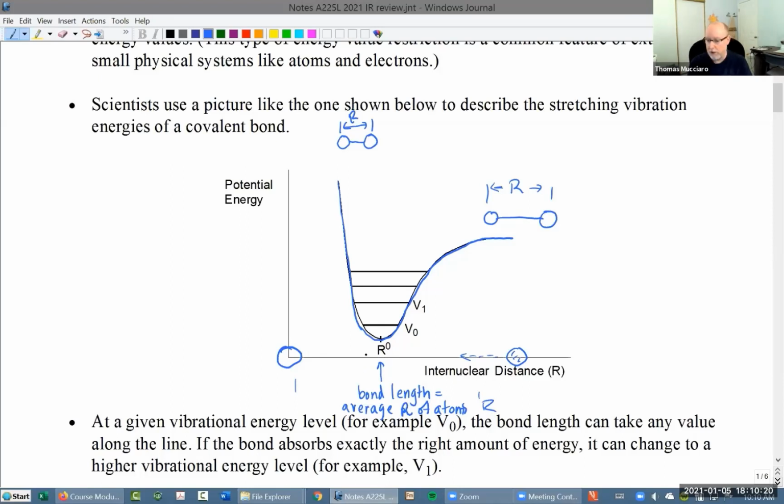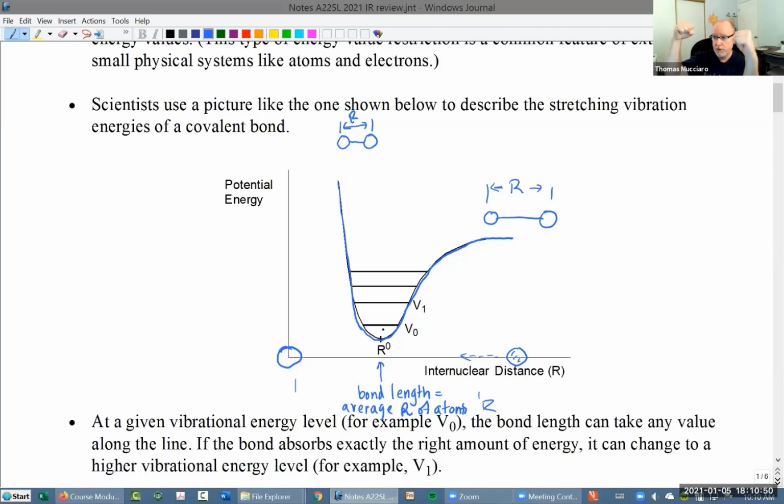But most bonds don't have that lowest energy. They have a little bit of extra potential energy, okay? And so because they have a little bit more potential energy, they're going to start there. Then remember, potential energy often in physical systems gets converted to kinetic energy. So here's what happens. They're at this high potential energy.